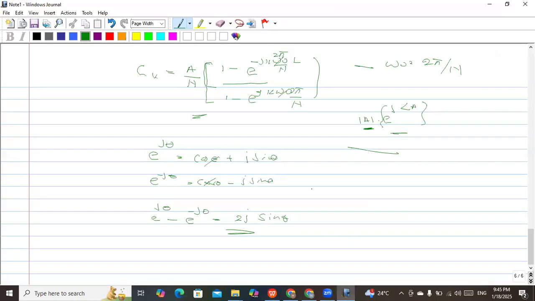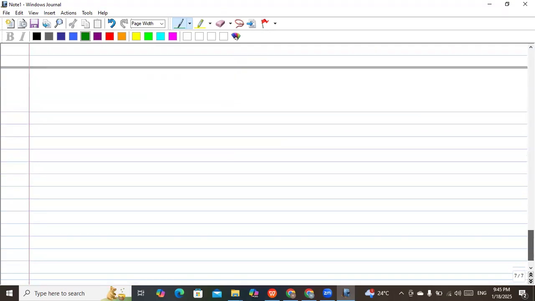Now I will give you another homework. Try to evaluate these terms. If x[n] is given as the sum over k from minus infinity to plus infinity of delta[n minus 8k].